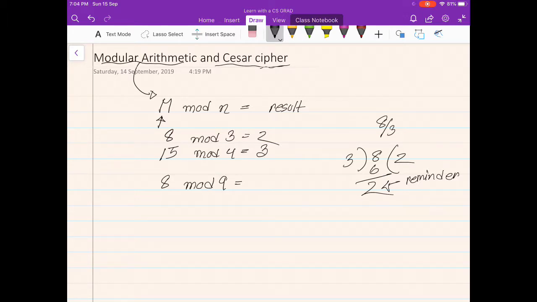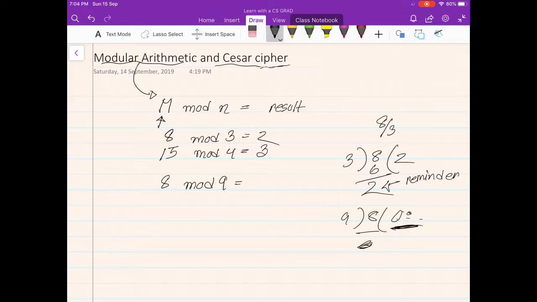In this case, if you try to divide 8 by 9, you would get a floating point value, right? Something 0 point something would appear. In this case, we never go to the 0 point something, because we always look at the remainder, and the result would always be a whole number, not a floating number.